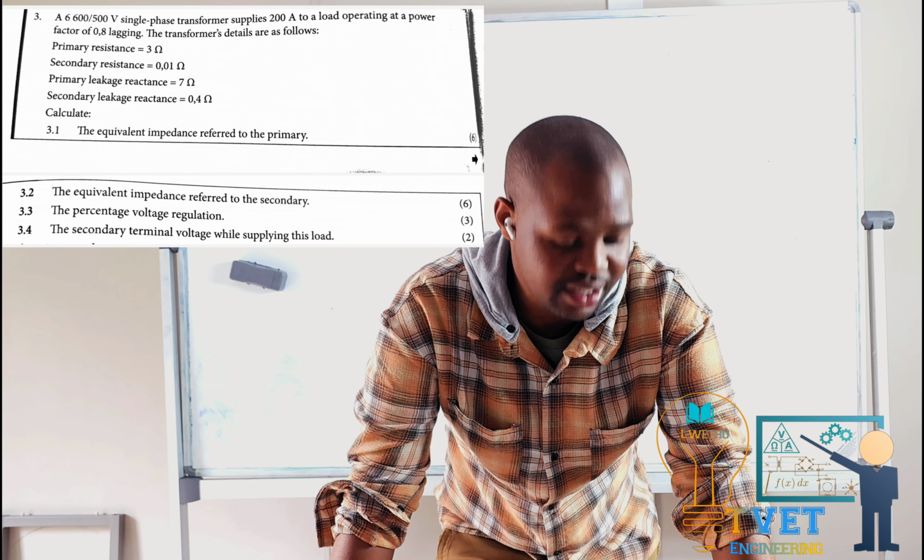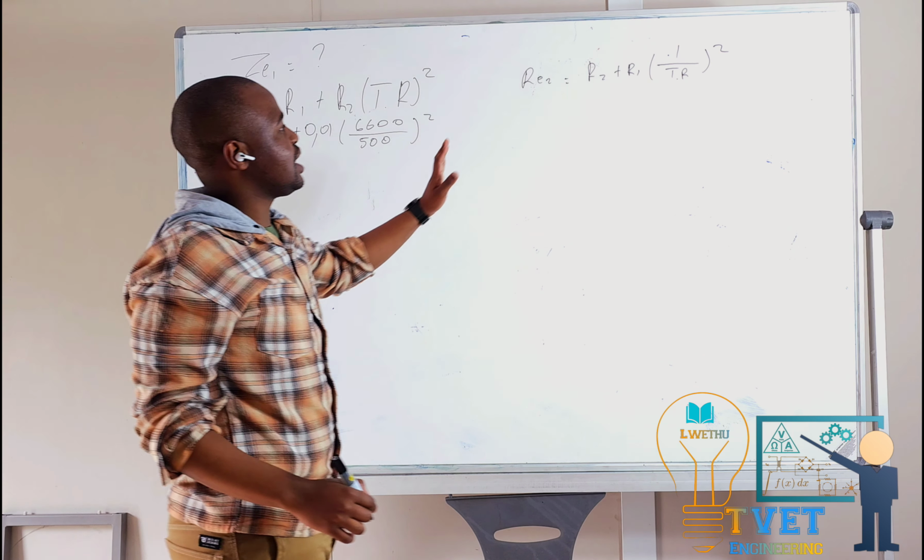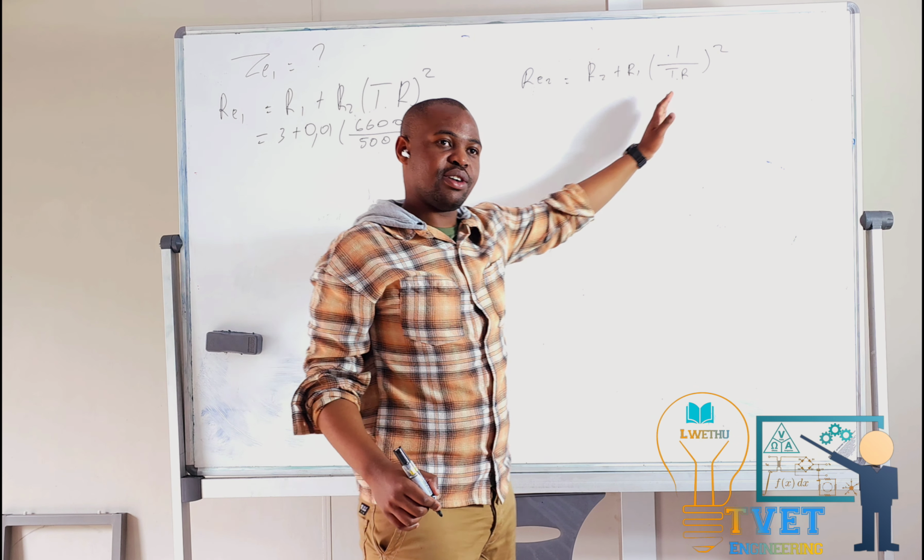Then the transformer ratio, which is 6,600 over 500. Remember, when you are referring to the secondary side, you do the inverse of the transformer ratio: R2 plus R1 times 1 over the transformer ratio squared.